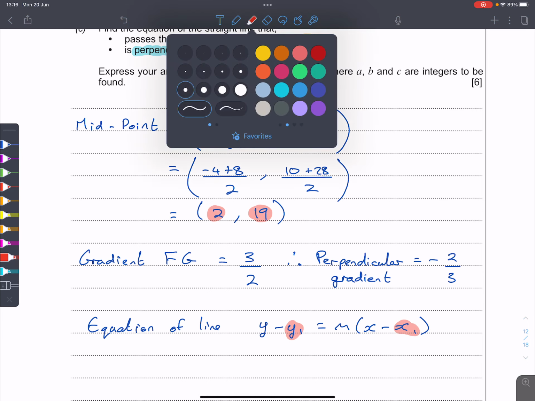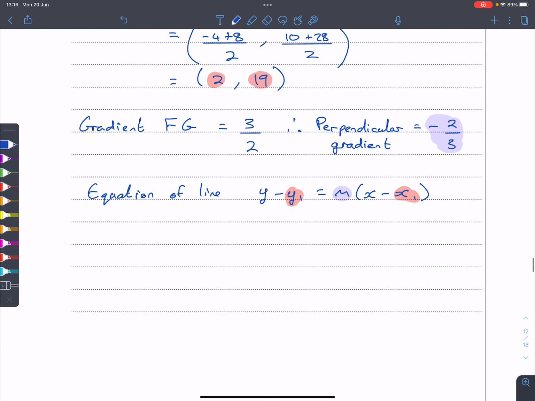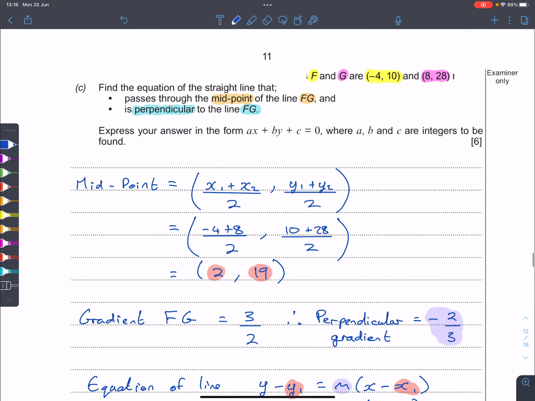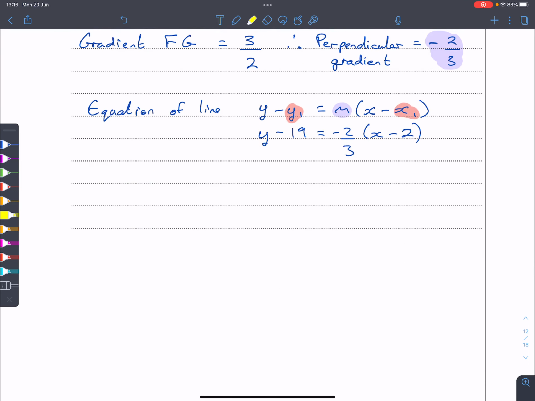And we also have, let's go with a nice purpley colour, the gradient is negative 2/3. So if I substitute those in, I get y minus 19 equals negative 2/3 (x minus 2). And we want it in the form ax plus by plus c equals 0, where a, b, and c are integers. So let's sort this out.